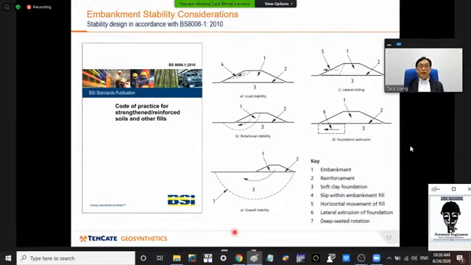On the design aspect, BS 8006 is probably the earliest code of practice for reinforced soil applications. And BS 8006 identifies 5 checks for ultimate limit state, the rotational stability being the most important of the 5. And I'm going to talk about this in a little bit more detail.